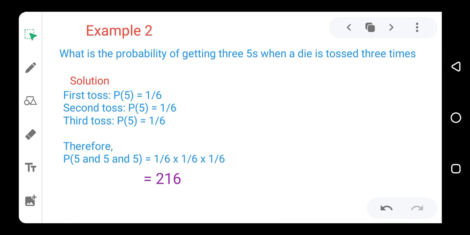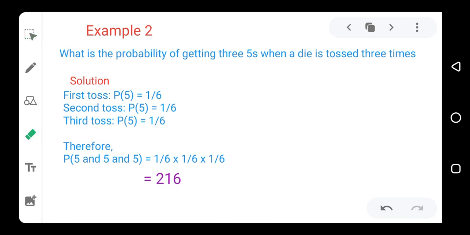When you toss it the second time, the probability of getting 5 is also 1 over 6. And if you toss it the third time, the probability of getting 5 is also 1 over 6. Since these events are connected with AND, we use multiplication: the probability of getting 5 and 5 and 5 is equal to 1 over 6 times 1 over 6 times 1 over 6.